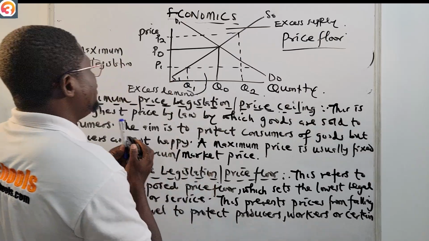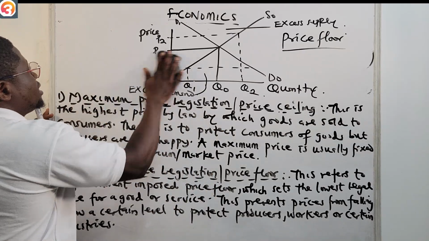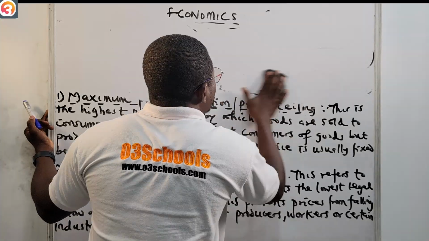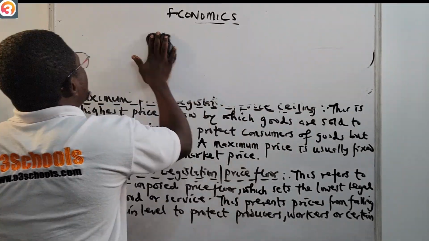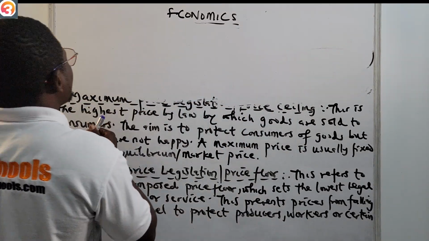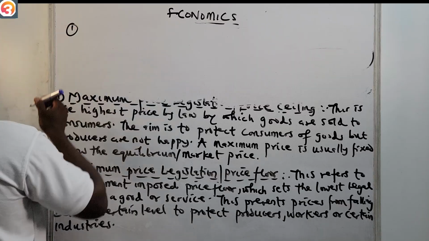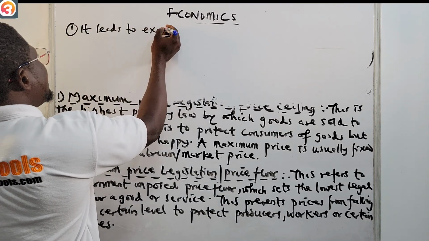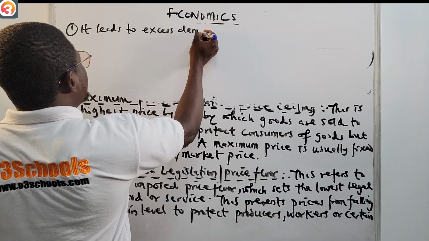What are the effects? We'll draw this graph again. The effect of maximum price legislation: number one, it leads to excess demand.